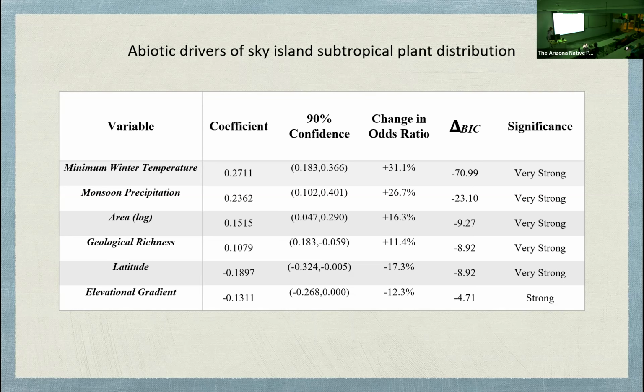You would find the same thing when you increase monsoon precipitation by 1 standard deviation of our coefficient, then there's a 26.7% increased chance that any species will be subtropical. So that kind of quantifies for you how significant these numbers are. So this was interesting to see.